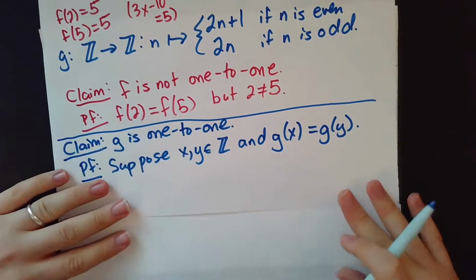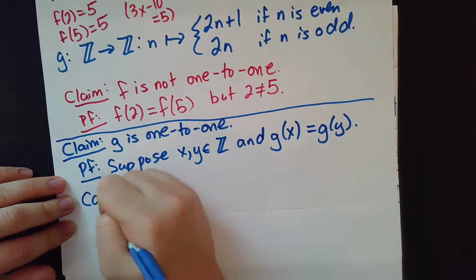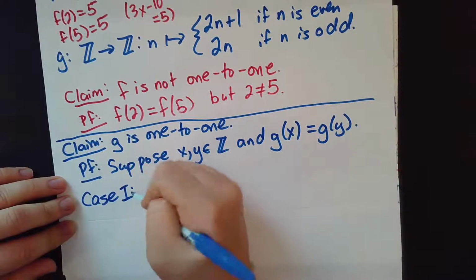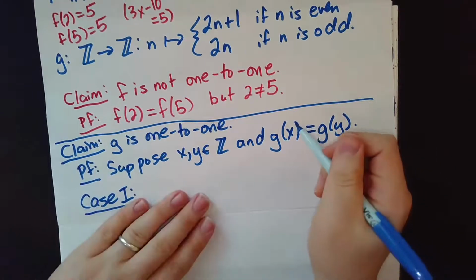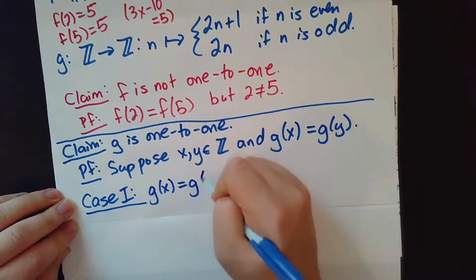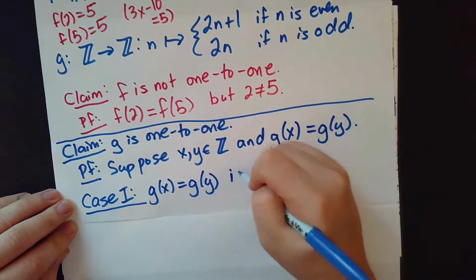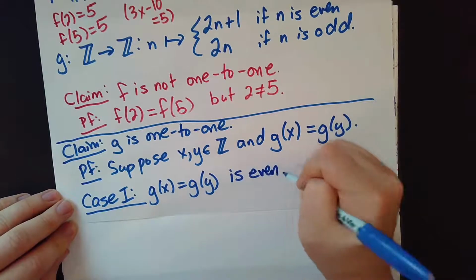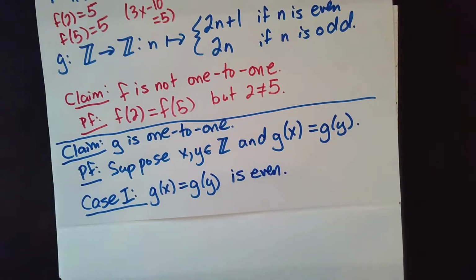So my first case here is going to be that g of x equals g of y is even. If g of x equals g of y is even, what does that tell me about x and y?